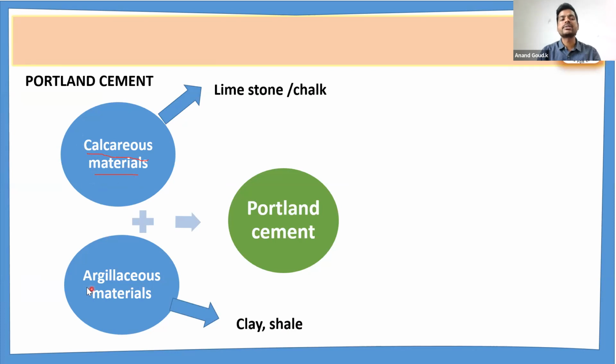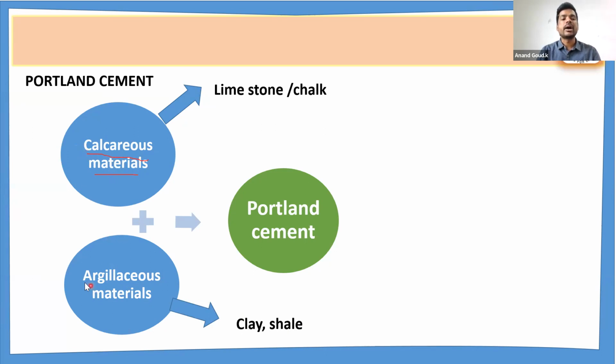Calcareous material has calcium, or else lime, as a major composition. The major composition in the material is calcium. That is why we call it calcareous material.